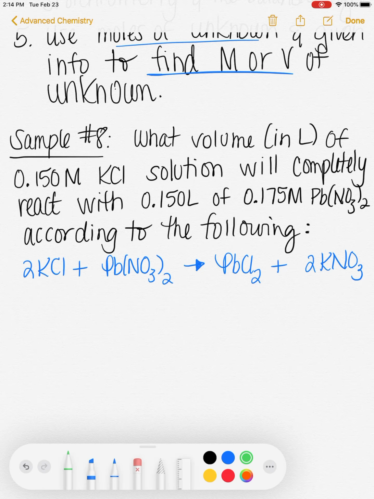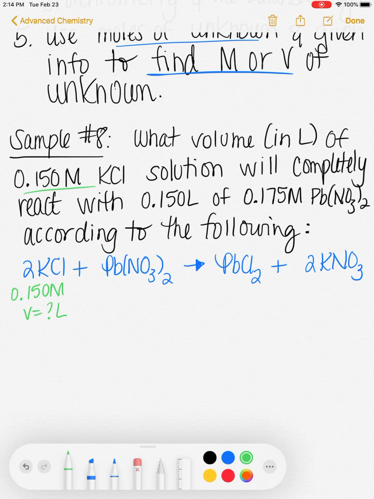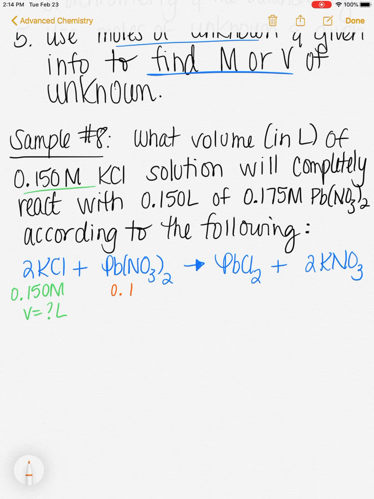So for KCl in the problem, they tell me that my molarity is 0.150 molar. They do not tell me what the volume of KCl is. Lead 2 nitrate, on the other hand, they tell me has a concentration of 0.175 molar, and it has a volume of 0.150 liters.